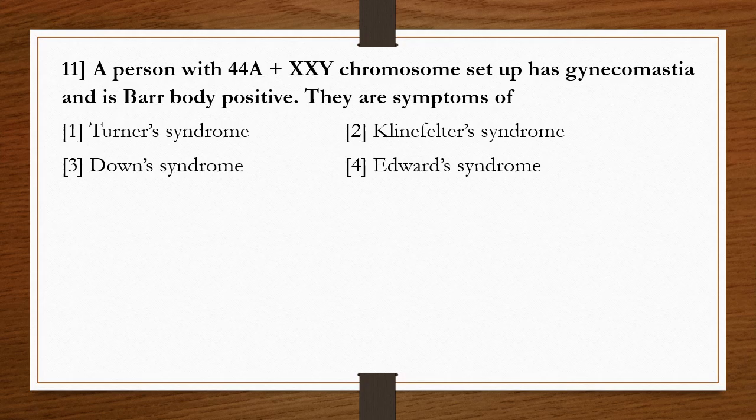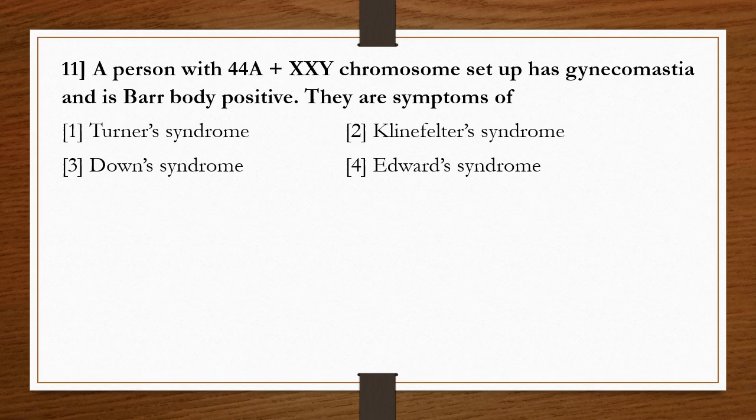They are symptoms of: option 1, Turner syndrome; 2, Klinefelter syndrome; 3, Down syndrome; 4, Edwards syndrome. So now let's see that question once again: 44 autosomes and XXY chromosome.